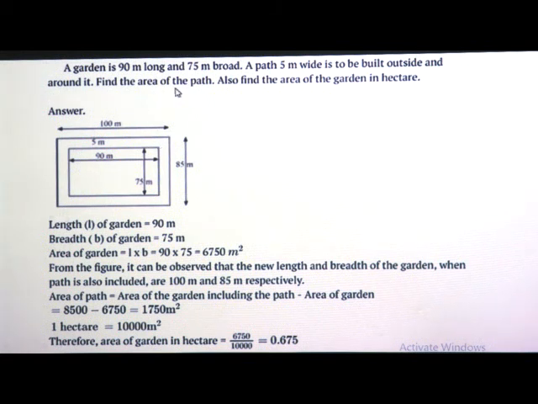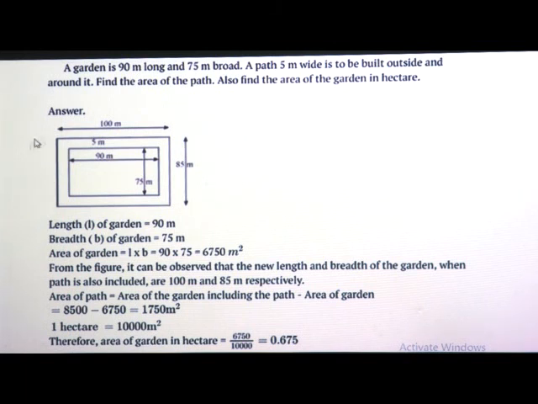Find the area of the path, and also find the area of the garden in hectare. Now, in the previous session we saw how to find an area in hectare. The same formula you have to use: 1 hectare is equal to 10,000 meter square.